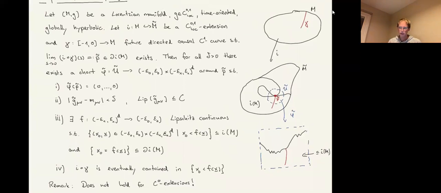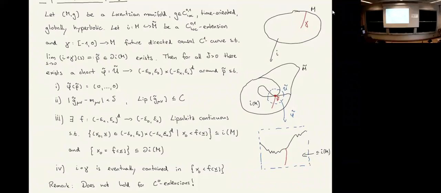No. The issue here is if I assume that this is a time-like curve, it might not be a time-like curve up to the boundary point. It could be non-differentiable at the limit point, or it could be null. So even if I assume that gamma is a time-like C1 curve, I still don't get the statement for C0 extensions. Okay, I see. Thank you.